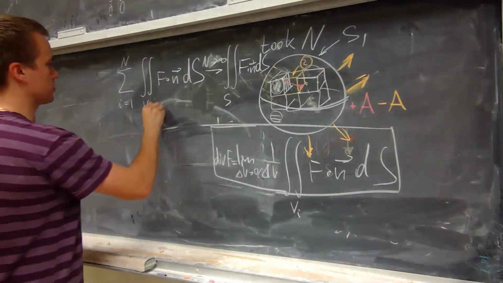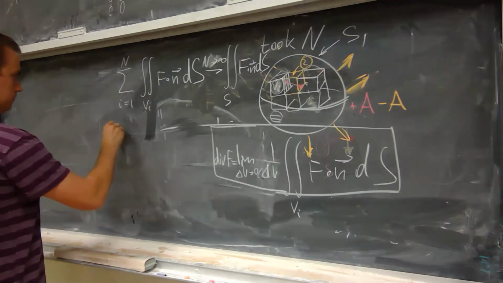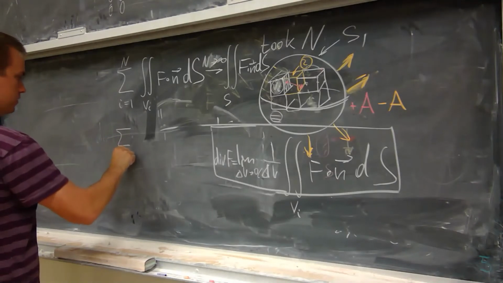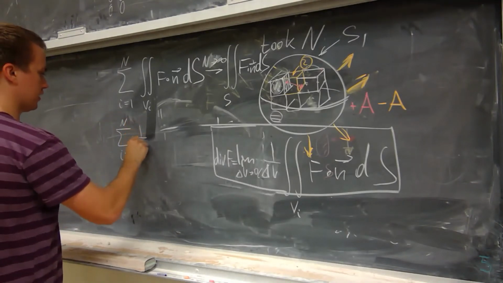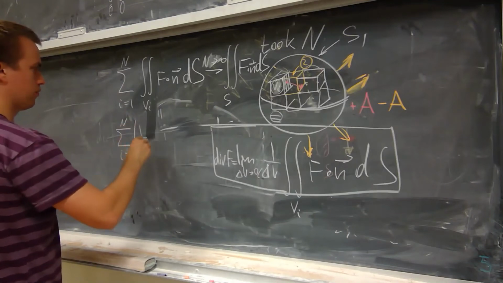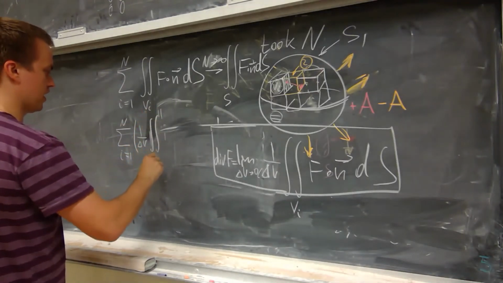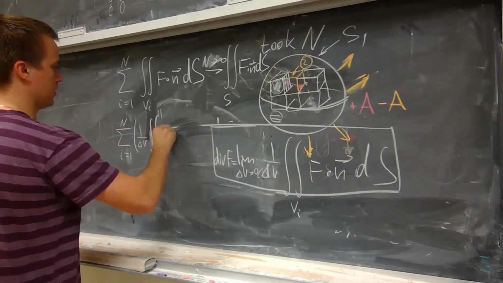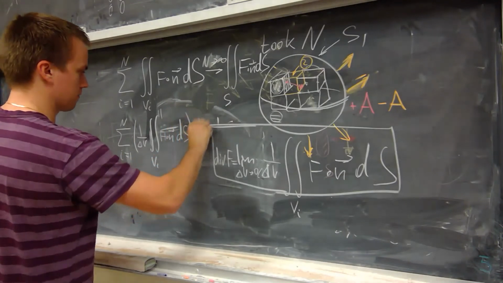If I multiply and divide by delta V, this sum from i equals 1 to n is 1 over delta V of the double integral over Vi of F dot n dS, multiplied by delta V.